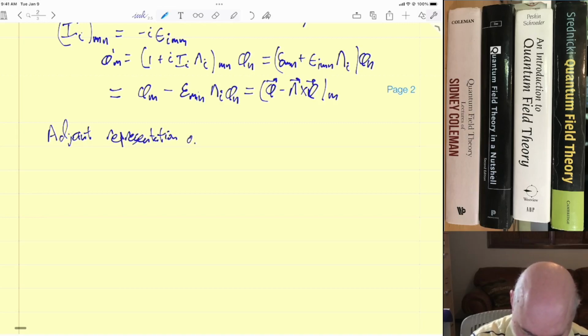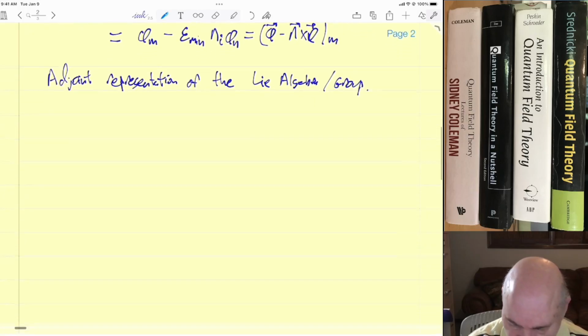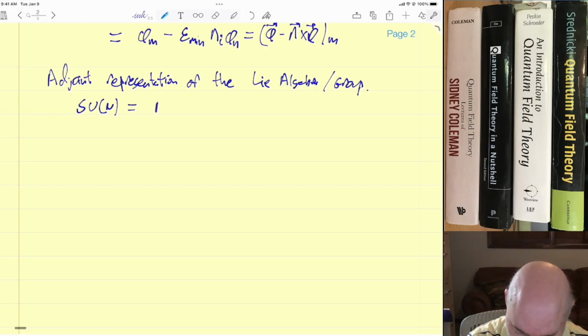So this is the adjoint representation of the Lie group, Lie algebra, or I'm not going to distinguish between the Lie algebra and the Lie group. In general, if we're dealing with a group like SU(N), if memory serves me correctly, I think it does, this has N squared minus 1 generators.